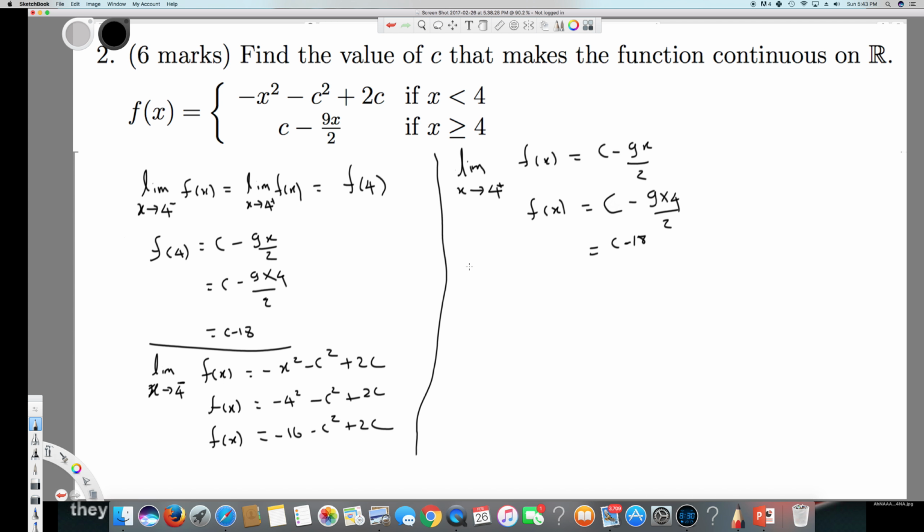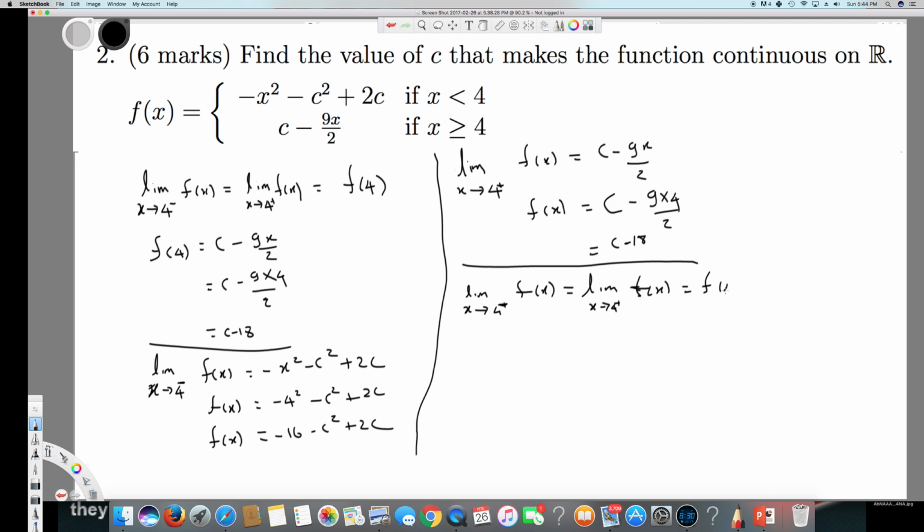Now we have these values right here, so we have to use that equation. We have to equalize everything. The limit as x approaches 4 from the left hand side is equal to the limit as x approaches 4 from the right side, which is equal to f of 4.